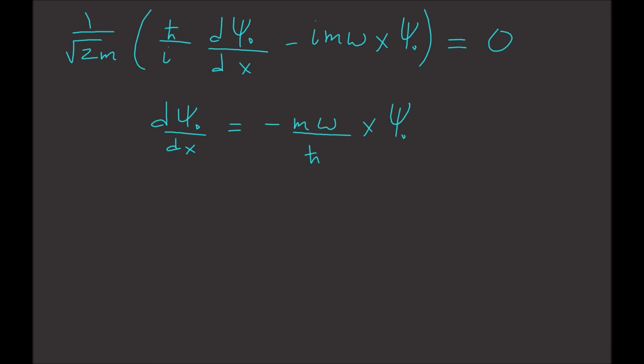So before we do this, let's rearrange a little bit further. Let's divide both sides by psi naught and then multiply by dx. So we have d psi naught divided by psi naught equals minus m omega divided by h bar x dx.